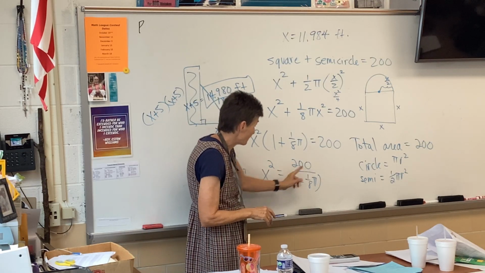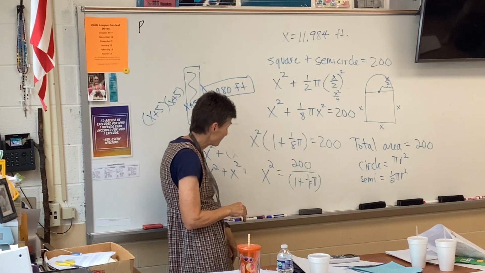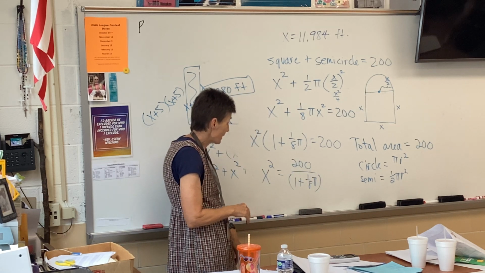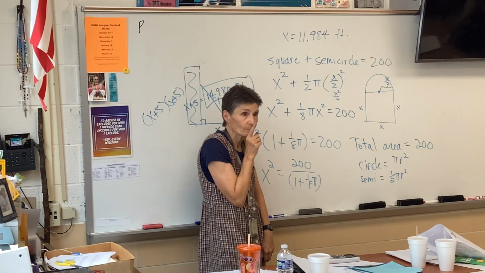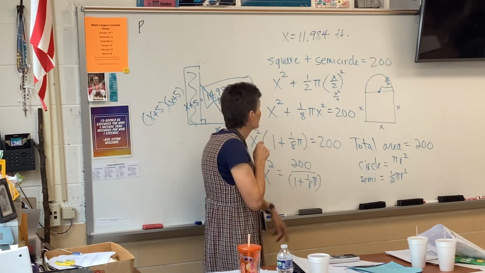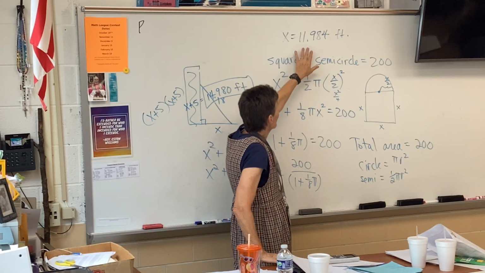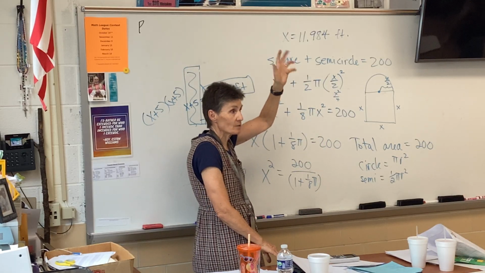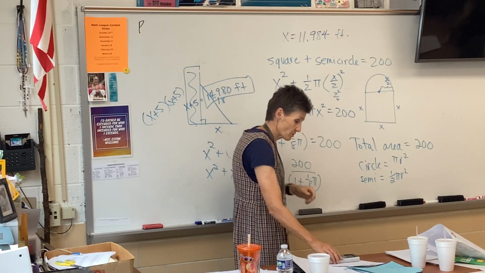So 200 divided by parentheses, 1 plus 1/8 pi. And then I hit equals, and then I square root it. Did anybody else get 11.984? That's the answer to my question.